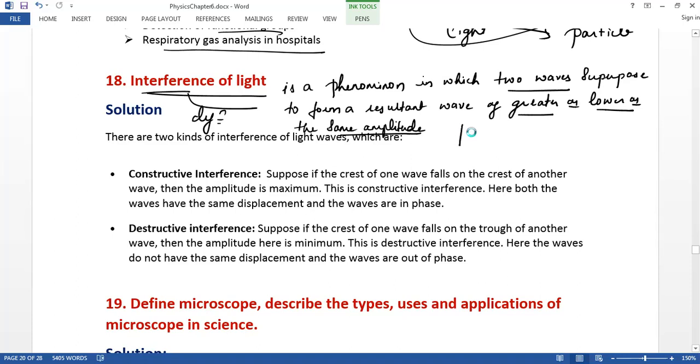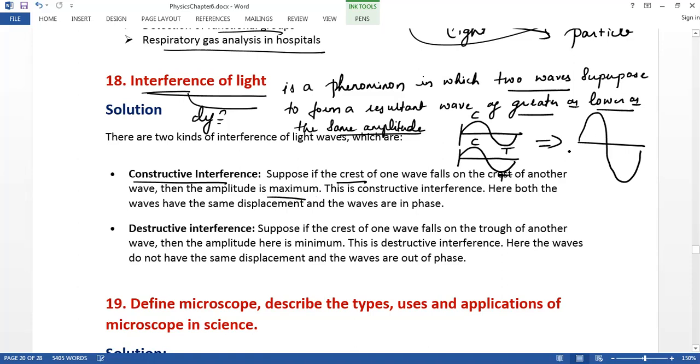When two crests superimpose, the resultant will give constructive interference. This is called crest and this is called trough, and again crest, trough. If the crest of one wave falls on the crest of another wave, the amplitude is maximum.